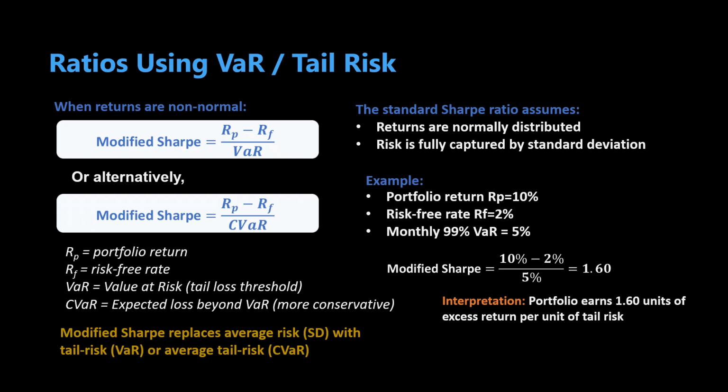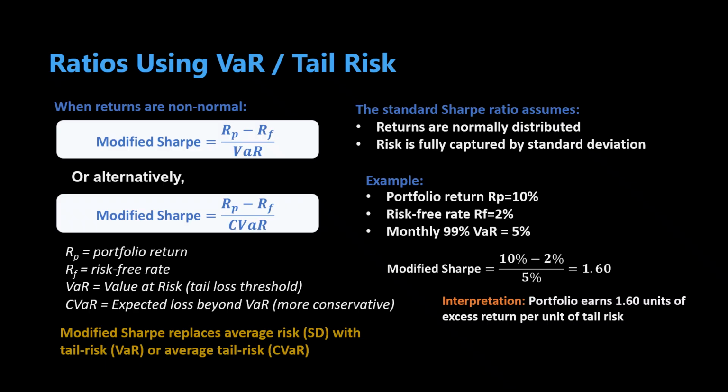The standard Sharpe ratio rests on two key assumptions: that returns are normally distributed and that risk is fully captured by standard deviation. In the real world, however, particularly in portfolios involving derivatives, structured products, or concentrated exposures, these assumptions often fail.